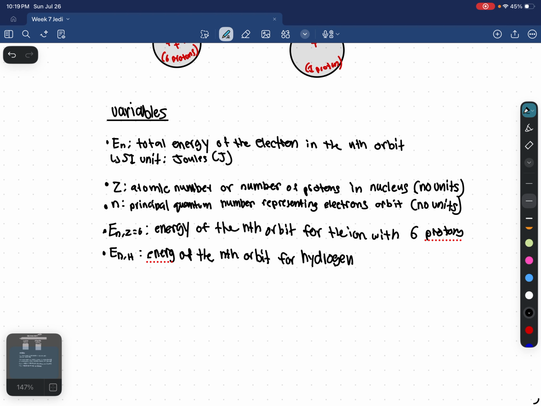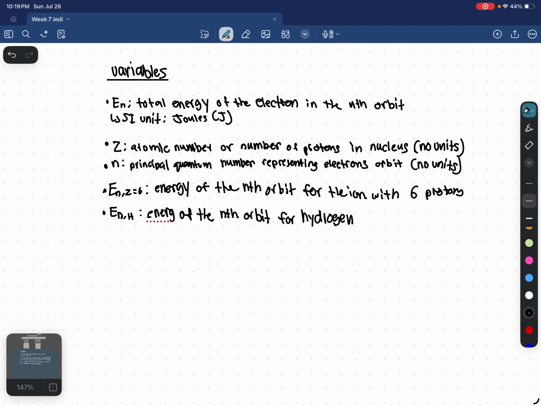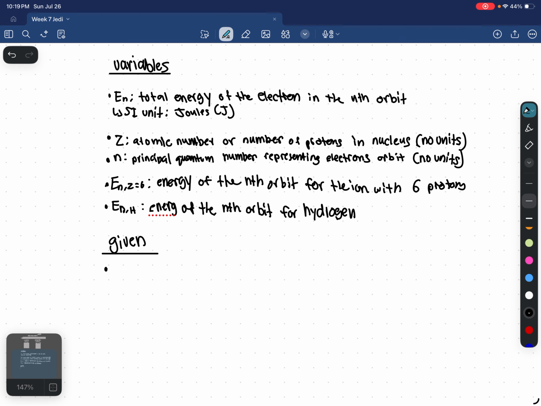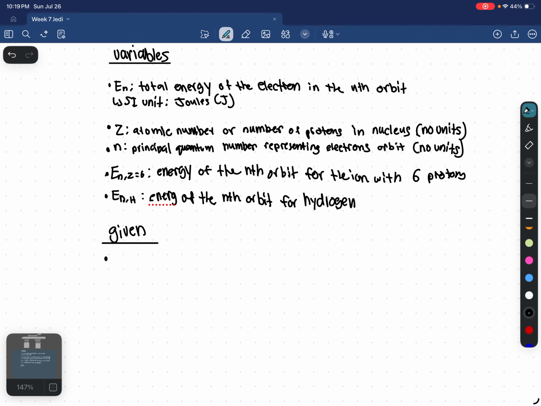Okay, perfect. So these are the variables that we need to know. I'm also going to write down some of our givens. Two of our givens are the atomic numbers, the number of protons.